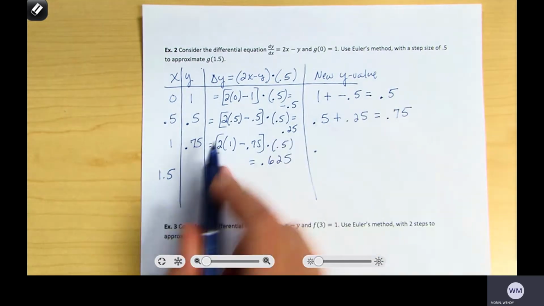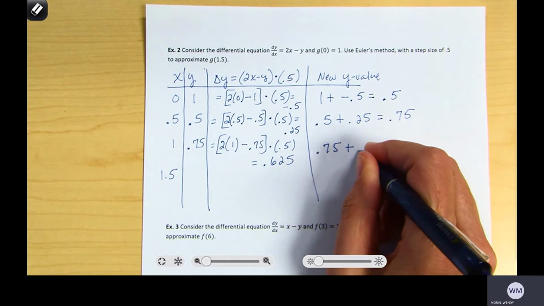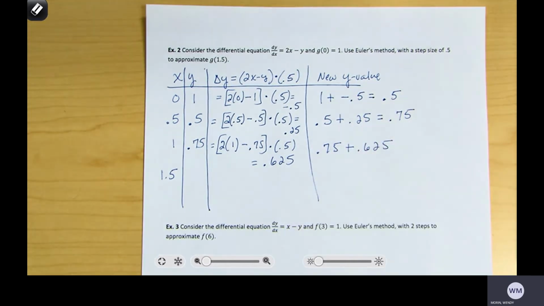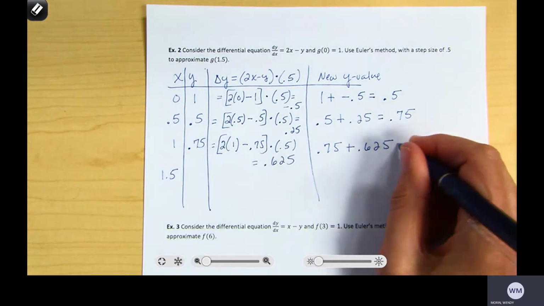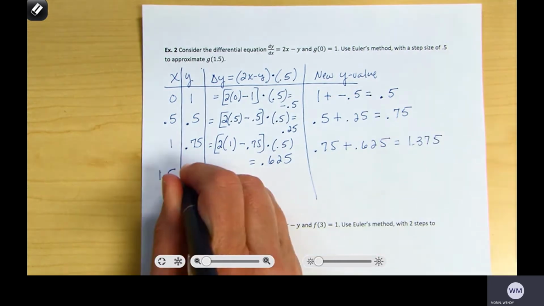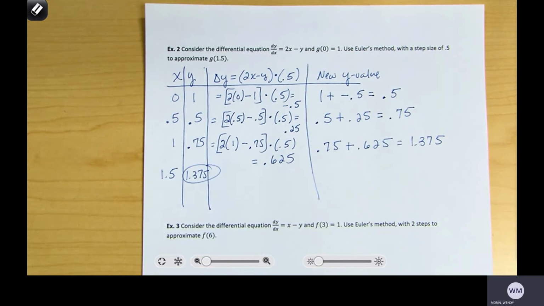So our new y value, again, we started at 0.75, and the change for this step is 0.625. So when you add that together, you end up getting your y value for your next step is 1.375. And there is your answer.